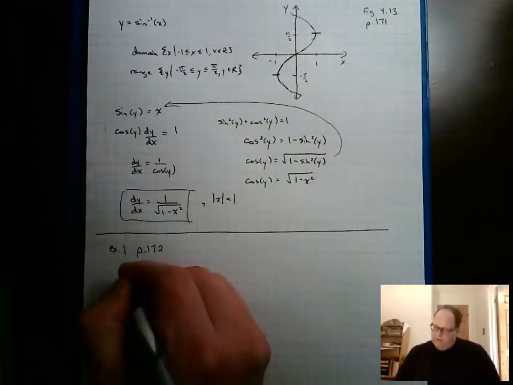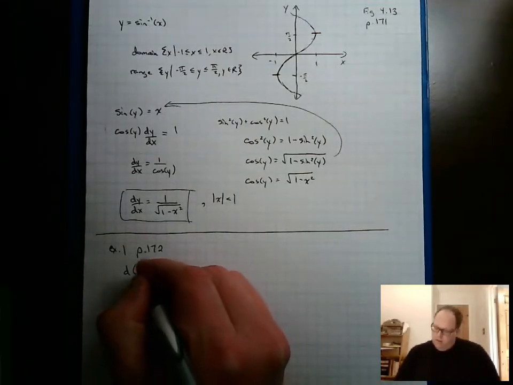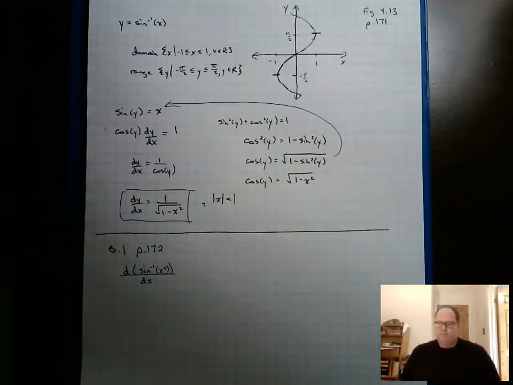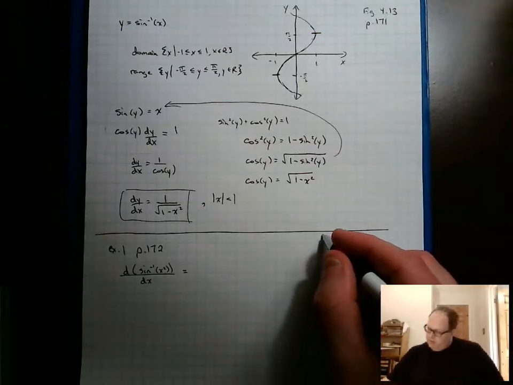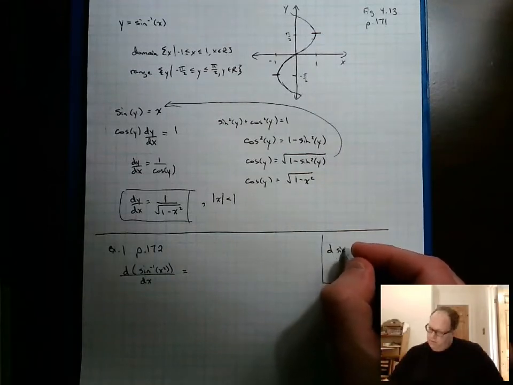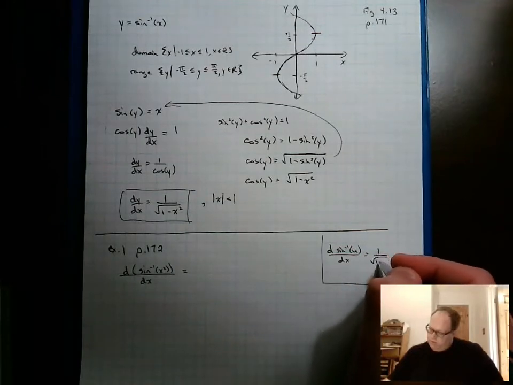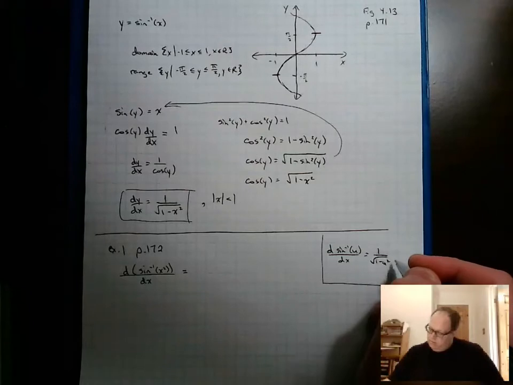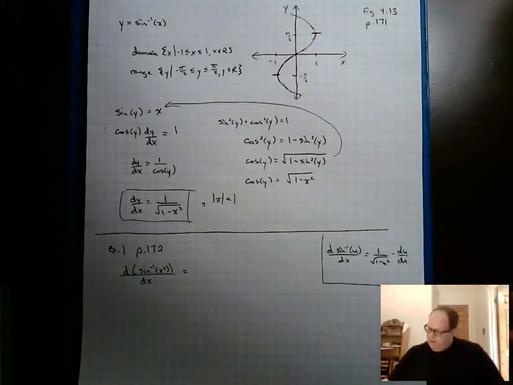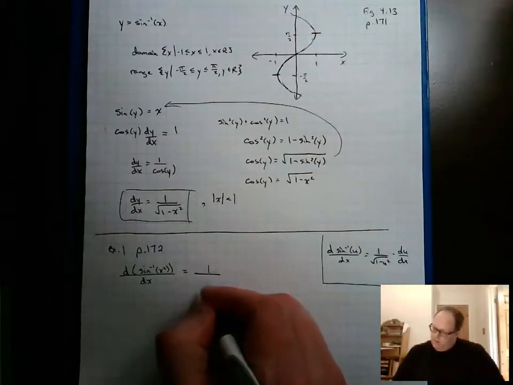If you were asked to find the derivative of inverse sine of x squared with respect to x, I would treat this in a chain rule sort of fashion, but keep in mind that what is on your formula sheet talks about the derivative of inverse sine of u with respect to x. That's going to be 1 over root 1 minus u squared times du dx.